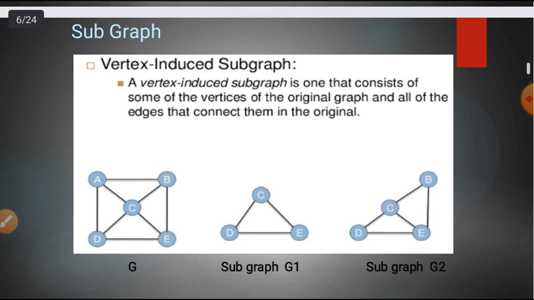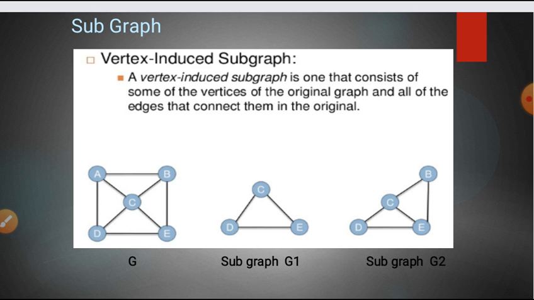Now see another definition, one related to subgraph: the vertex induced subgraph. It is one that consists of some of the vertices of the original graph and all the edges that connect them in the original. So you can see what vertex induced means. It means whatever vertices we are plotting here should be a part of the original graph.